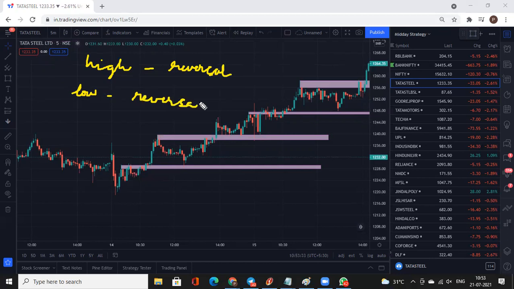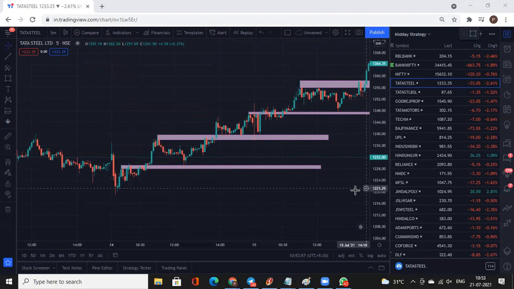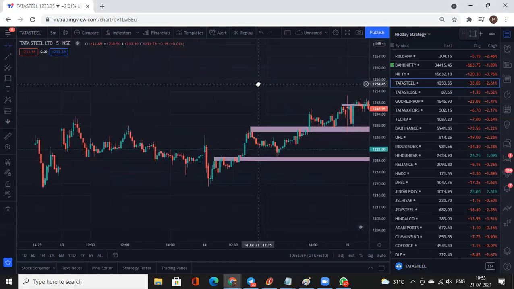That means we are going to find support. Here what you are going to find is resistance. Okay, so this is what we are finding out. So let me show how this support works out here.